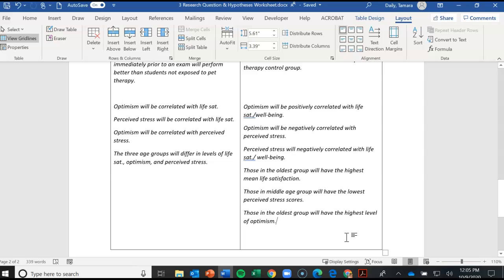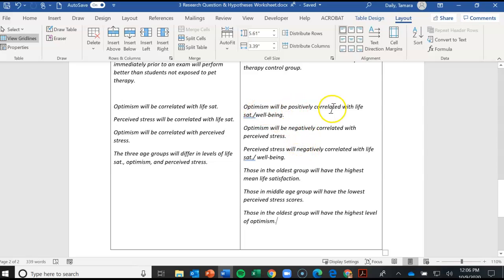And remember that the difference between a research question and a hypothesis is that a question is a question. A hypothesis is an actual prediction. The difference between the broad hypothesis and the specific is that I'm just saying things will be related or that groups will differ. I'm not specifying in what way. In a specific hypothesis, I am specifying in what way they will differ.